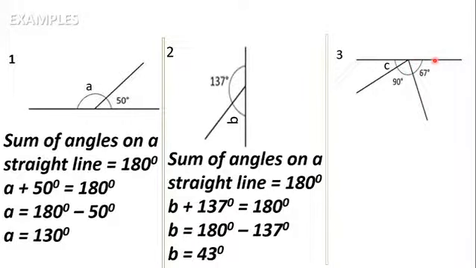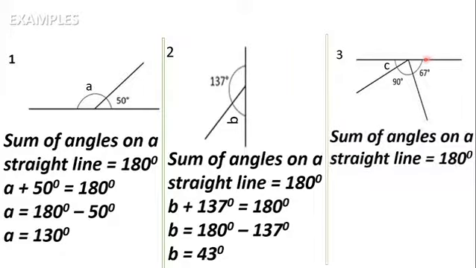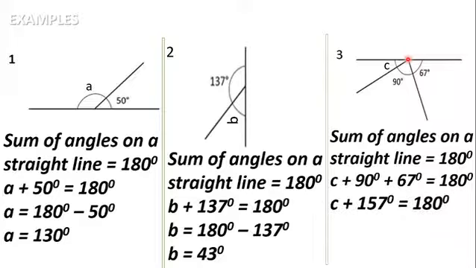Of course, we are also aware that the sum of angles on a straight line is 180 degrees. So it means if I had C and 90 and 67, I'll have 180 degrees. If I put this together on the left hand side, I will have C plus 157 is equal to 180 degrees, and then move 157 to the other side.